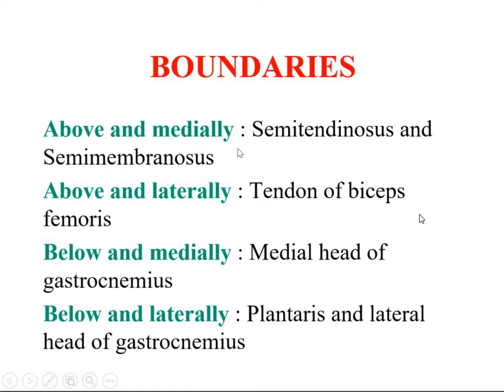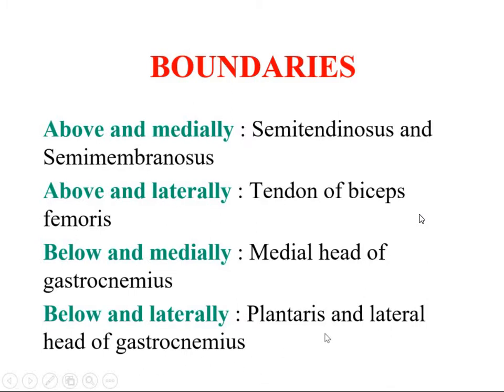Starting with it, above and medially, it is semitendinosus and semimembranosus. You are familiar with these two muscles. Above and laterally we have the tendon of biceps femoris. You are also familiar with this muscle. Below and medially, we have the medial head of gastrocnemius muscle, which is commonly known as your calf muscle. Below and laterally we have the plantaris muscle as well as the lateral head of gastrocnemius muscle.